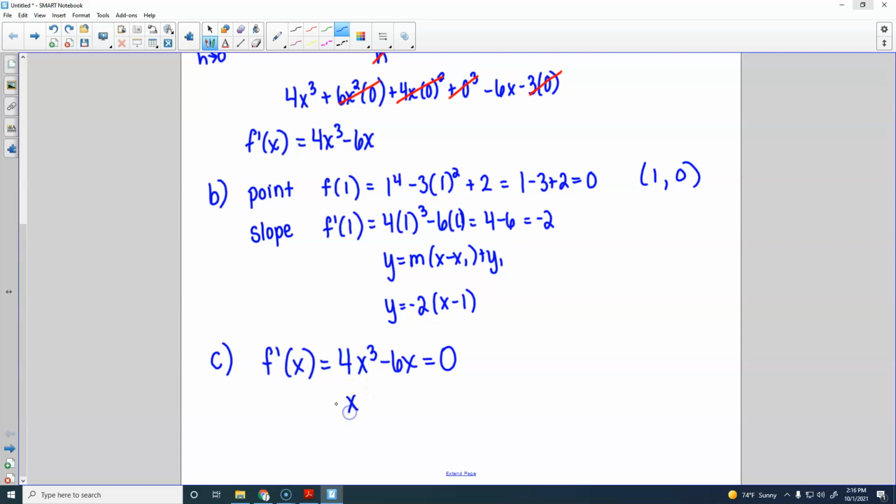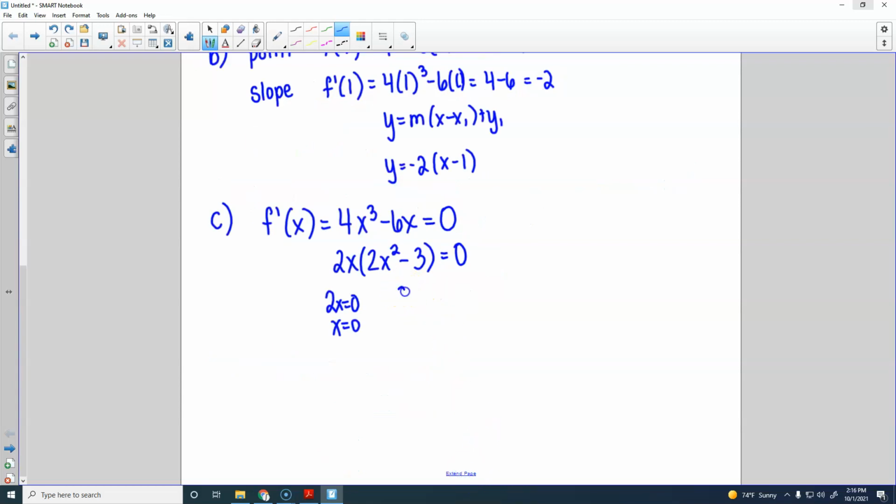Factor out an x. You can take a 2x if you want, or just an x. It doesn't matter. If I take a 2x, I'm going to get 2x squared minus 3 here. Then we'll have 2x equals 0, which is just going to give us x equals 0. And then over here, we'll say 2x squared minus 3 equals 0, which is 2x squared equals 3.